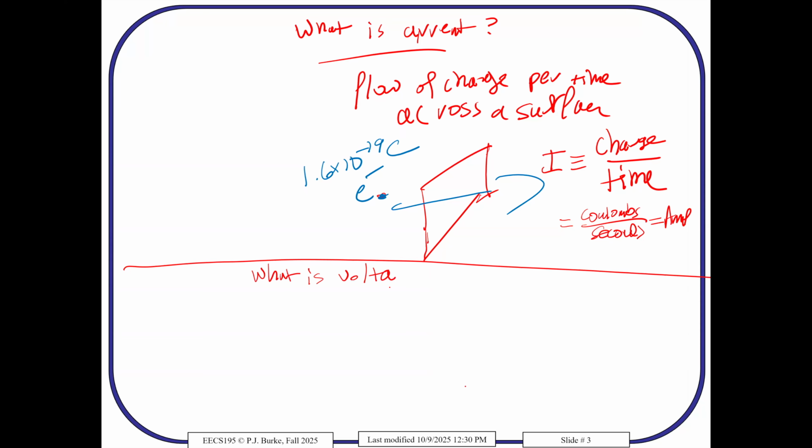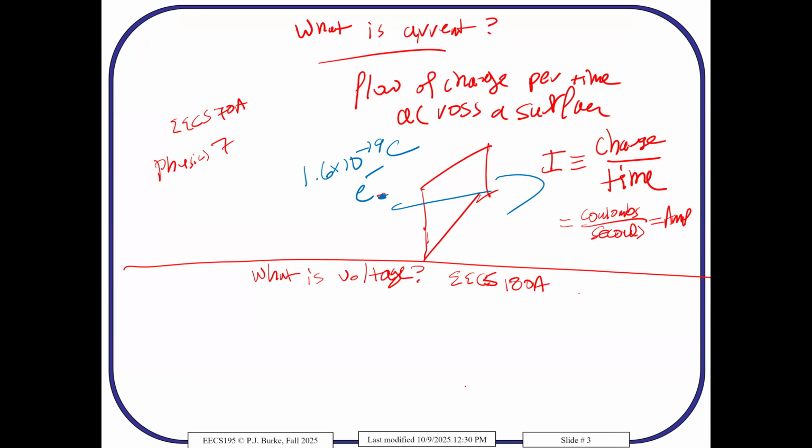So that's pretty simple. The next question is, what is voltage? This is covered in EECS 180A. This should be covered in EECS 70A in the Physics 7 series.